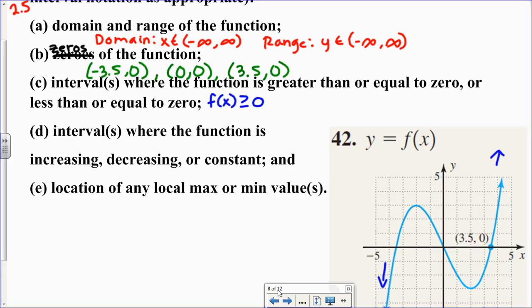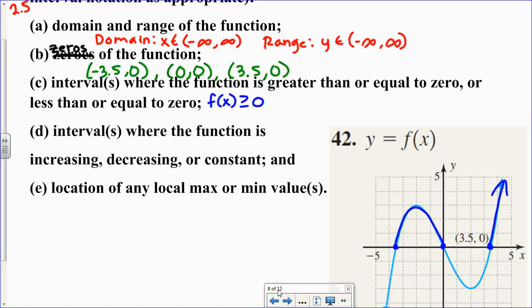So using this graph here and using my zeros, greater than or equal to 0, so x-axis is my 0, so I want this part and this part.